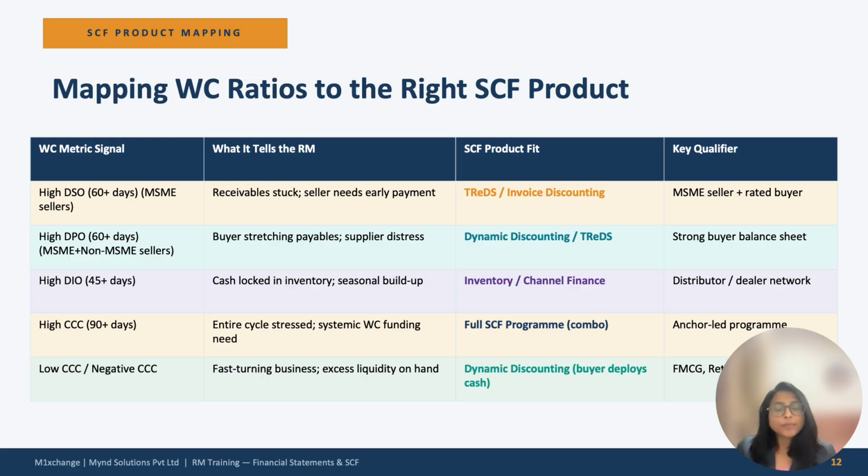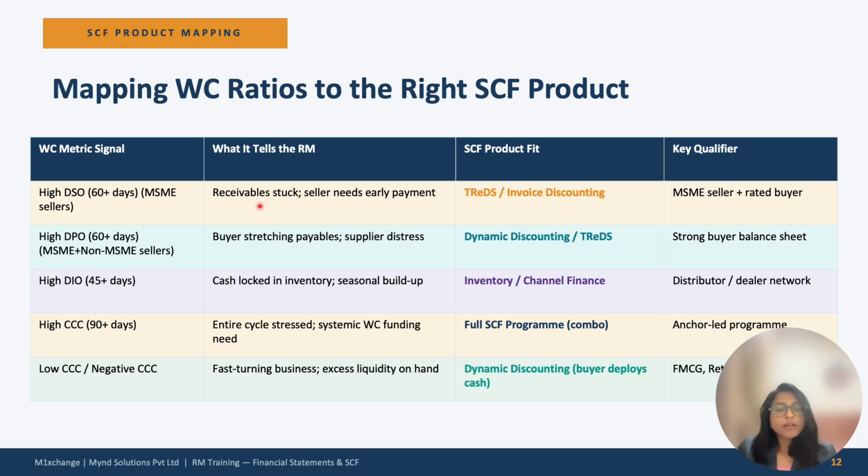So let me give you the complete decision framework, that is the product matching table. This is what you should be running in your head every time you look at the client's working capital ratios. If there is a high DSO, that is the days sales outstanding, say more than 60 days in an MSME seller's balance sheet, what does it tell?